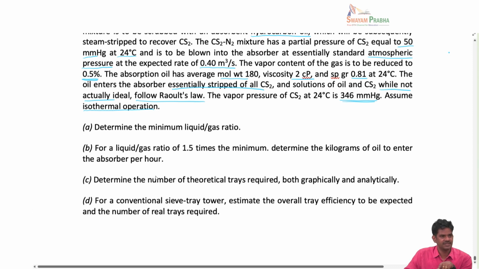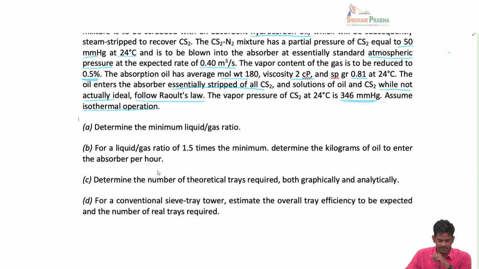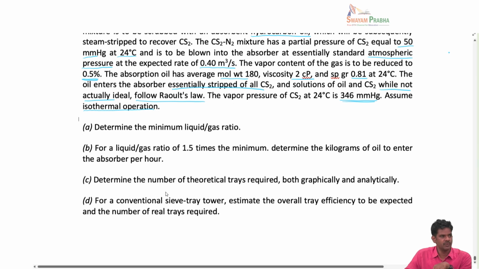The first two parts are something that you have already done for a dilute mixture, where there will be a Henry's law kind of an equation and you know how to do it. Okay, so the first two parts are straightforward, whereas the third and fourth part is where we have to think about doing it both graphically and analytically. Okay, that's what we're going to do.